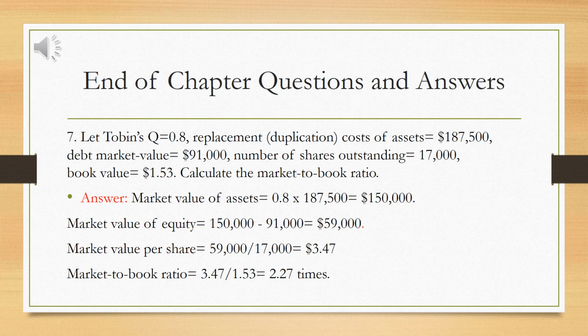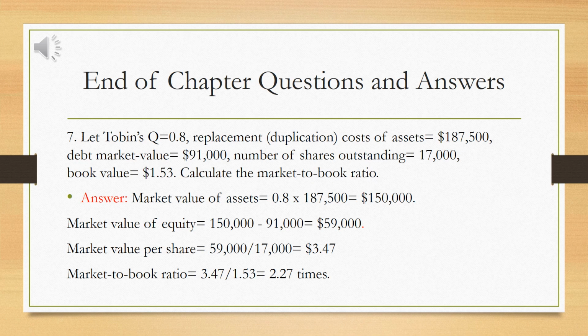The market value per share is the market value of equity over the number of shares outstanding. The market value of equity equals the market value of assets minus the debt market value. The market value of assets equals Tobin's Q times the replacement cost. Therefore, market value of assets equals 150,000.